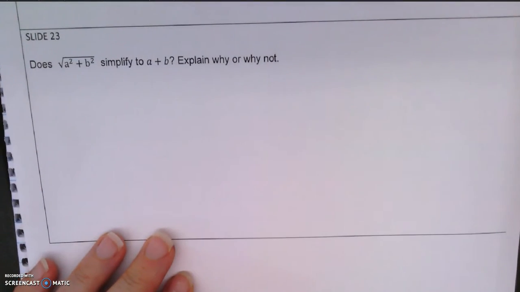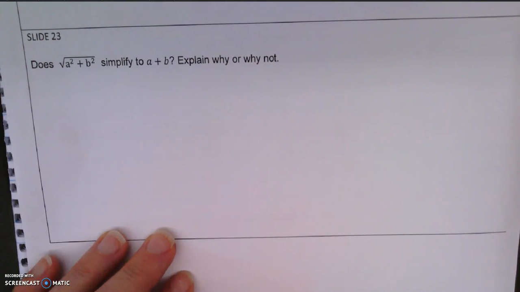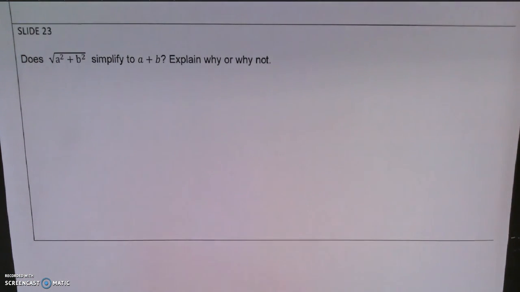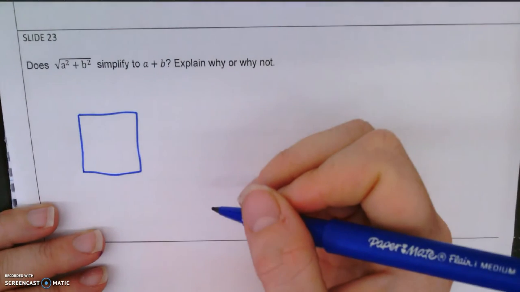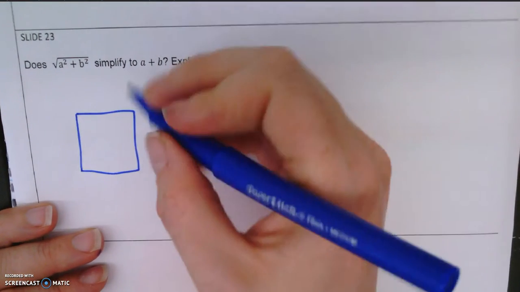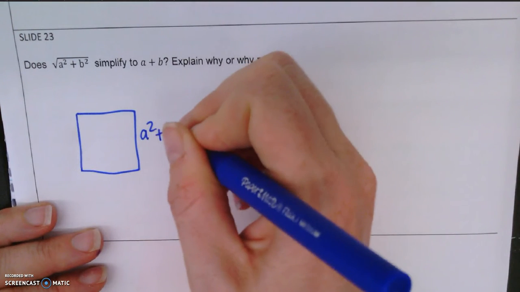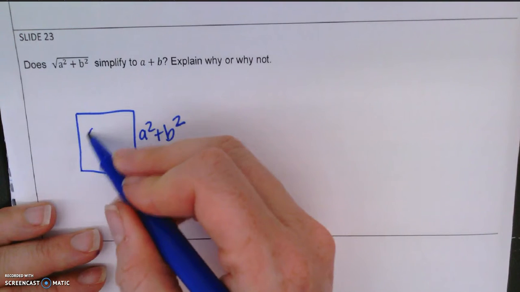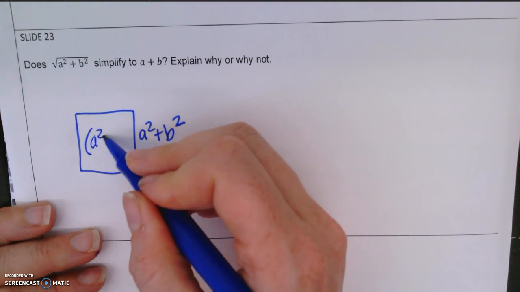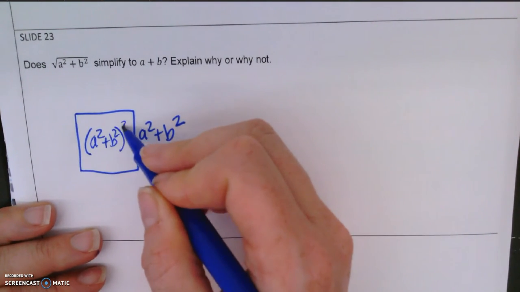Does the square root of A squared plus B squared simplify to A plus B? Well, this is saying if we have a square, that A squared plus B squared is the side length. So what's the area? This would be A squared plus B squared being squared.